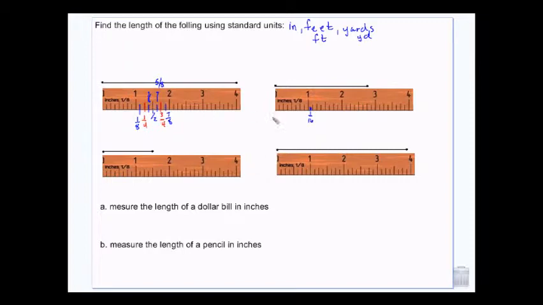Okay, so when we look at these, we can't say 2 point something. We have to say 2 and then you have your fraction. So this one would be just our 4 inches. Here we have 2 inches and it lines up with this line. So that's 1/4, 1/2, 3/4. So this would be 2 3/4 inches.